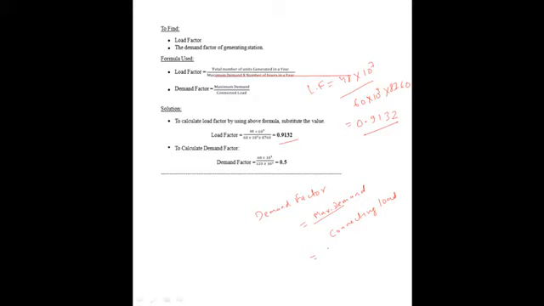Maximum demand is given 60 megawatt, 60 into 10 to the 3, and connected load is given 120 megawatt. So simply it is coming out 0.5. 1 by 2 is 0.5.